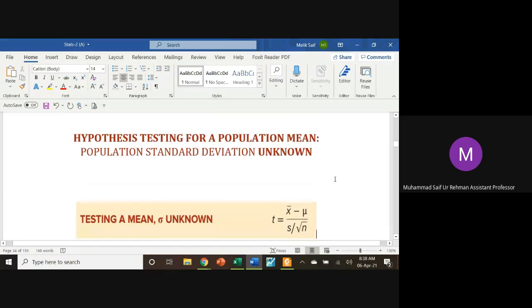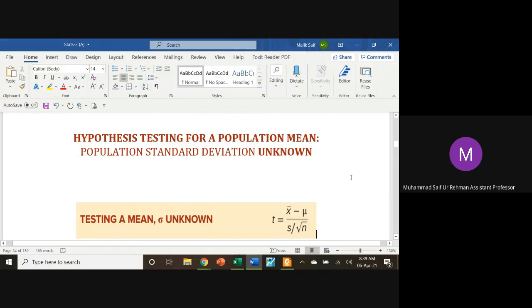The next topic is hypothesis testing for a population mean when the population standard deviation sigma is unknown. Normally, from our past experience, we know the population standard deviation sigma, but in many cases we are unaware of the value of sigma.